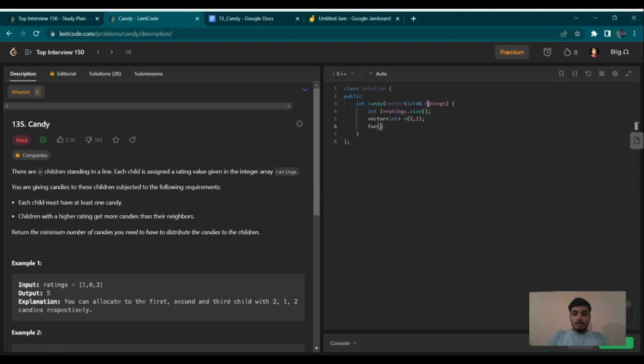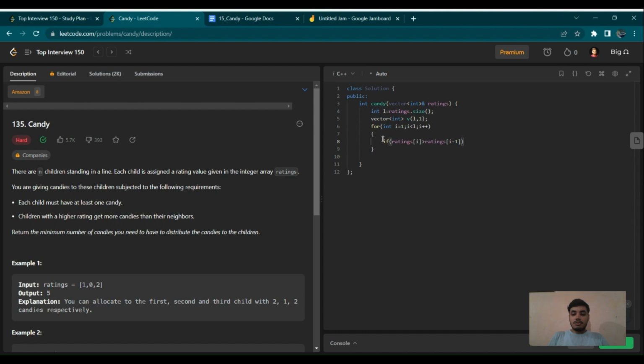Now let's move to the first part, which is going to be the right-hand side. We are going to start from the first index, because if you start from the zeroth index you have to change the if conditions. So I am starting from 1, going up to l, i plus plus. So what is the condition in here? We are going to check if rating i is greater than rating i minus 1.